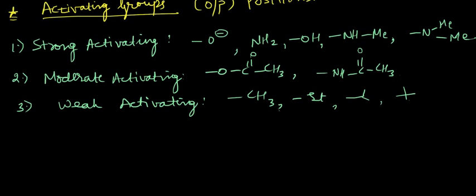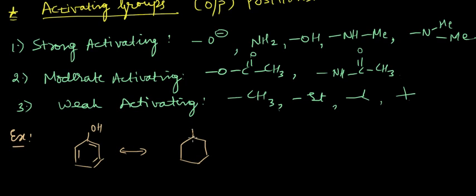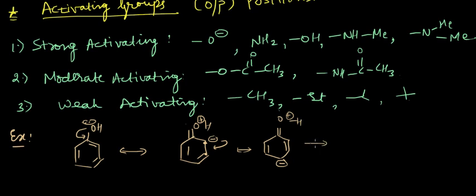so let's take some examples here. So we have something like a phenol. So what actually happens when a phenol is attached to a benzene ring? When this lone pair of oxygen gets involved in the resonance, we'll have negative charge here. Then this negative charge will again come down to form a bond between this carbon atom and this carbon atom. Negative charge will come here again.